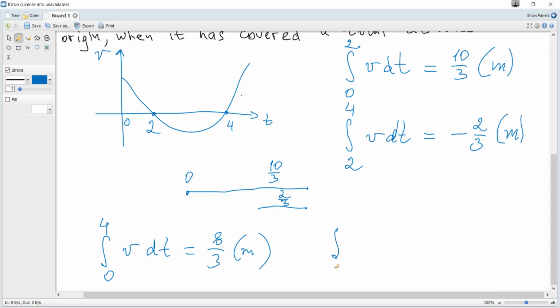But if you calculate the integral from 0 to 4 of the absolute value of the velocity dt, you get 10/3 plus 2/3, it's 12/3 or 4 meters, and you get the total distance traveled.